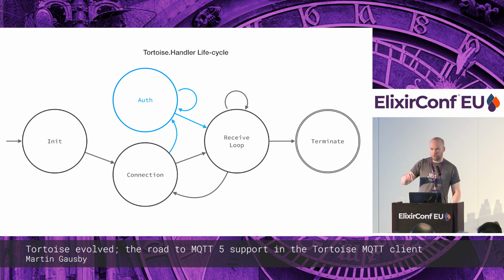We can go into this auth phase where we can do a challenge response, and we can go back to auth as many times as needed. The broker can say, okay, give me more, and you can say to it, give me more, and at some point you will both agree that you are who you are, and then you can enter the receive loop.